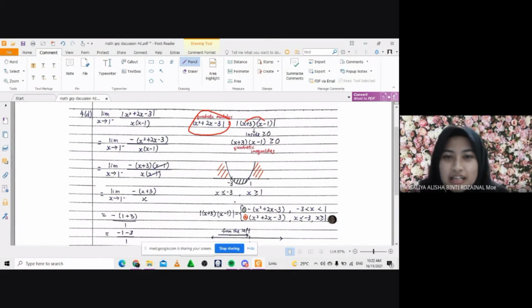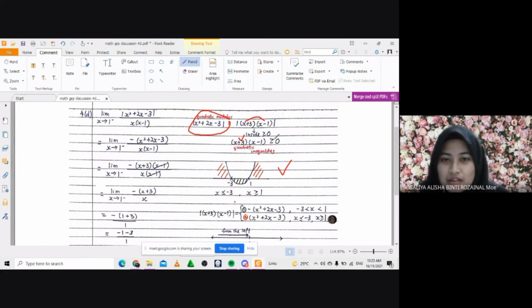And then for the equation, the inside here must be bigger or equal to 0. So we will end up with x plus 3 and x minus 1 bigger or equal to 0. And this equation is also known as a quadratic inequality. When there is a quadratic inequality, we must use this kind of graph to determine the value for x.